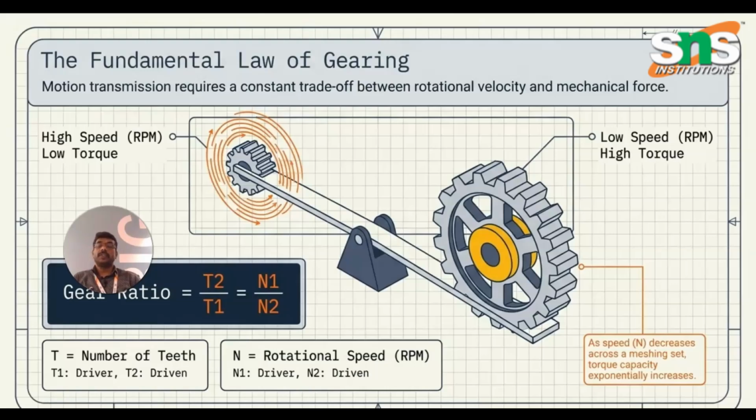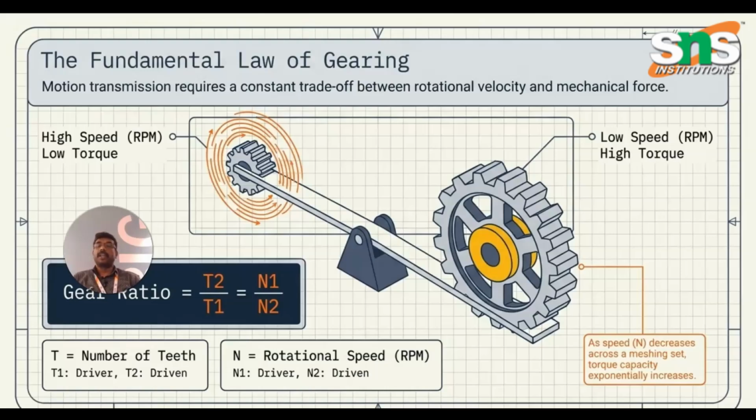Similarly, the number of teeth of gear 1 is T1, and the number of teeth of gear 2 is T2. If you take the fundamentals of gearing calculations between the number of teeth and the rotational speed, we get another formula called gear ratio, which is the ratio between the rotational speed of the first gear to that of the second gear, that is N1 by N2. So gear ratio is equal to N1 by N2, which always has the rotational speed of the first gear in the numerator and the rotational speed of the second gear in the denominator.